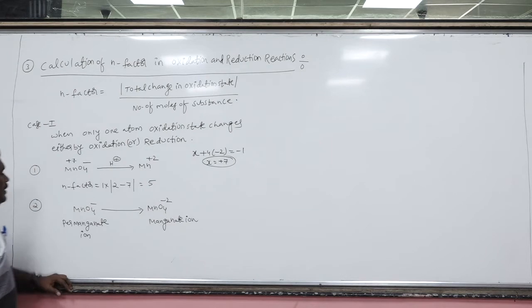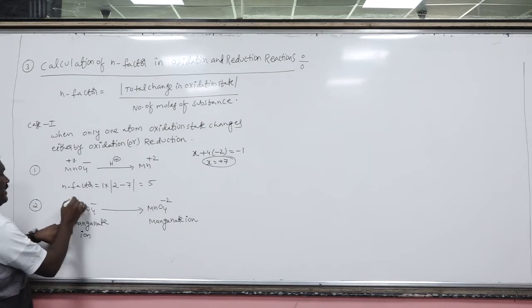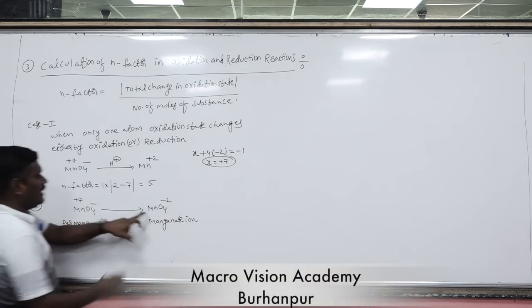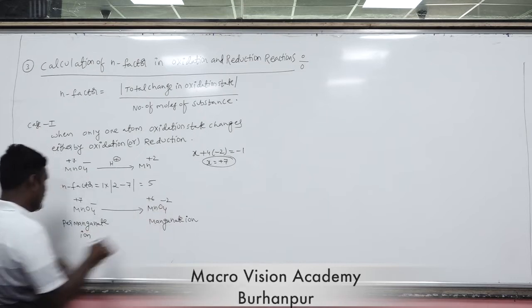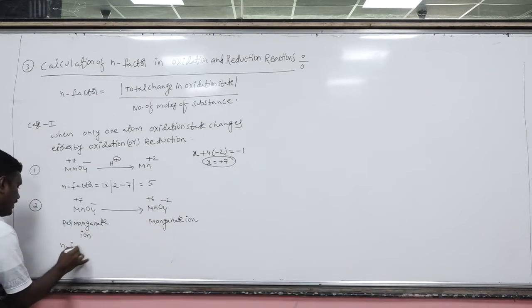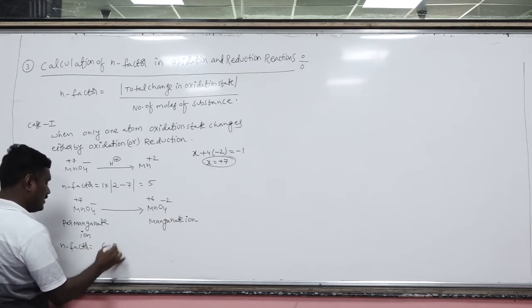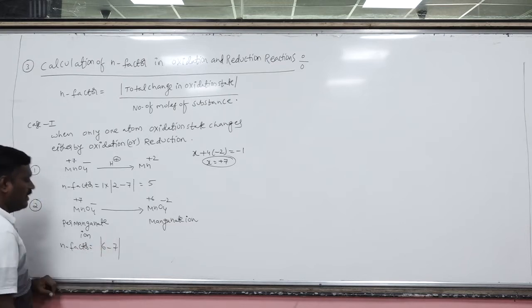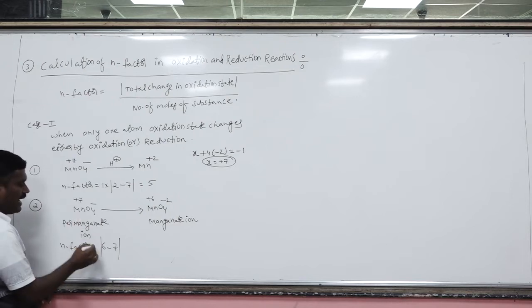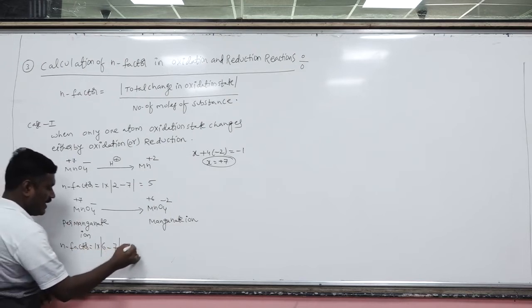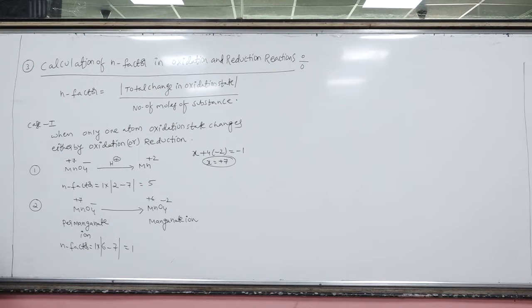Now here the manganese oxidation number is +7, which changes to +6. So what is the N factor here? N factor is equal to the change in oxidation number, 6 minus 7, and we take the modulus. How many manganese atoms are there? 1. So the N factor is 1. Are you getting my point?